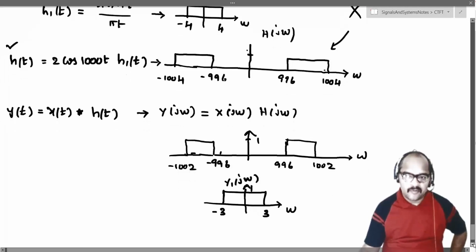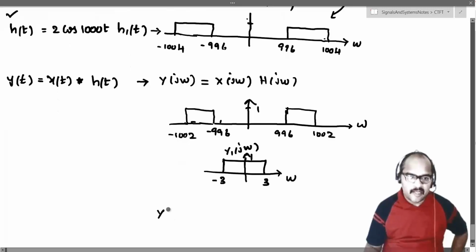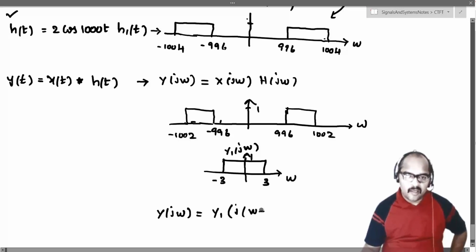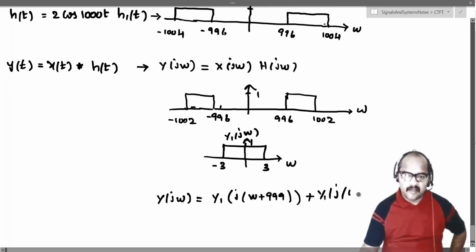So Y of j omega is equal to Y1 of j omega plus 999, plus Y1 of j omega minus 999. Shift this to the right by 999 units, you get this rectangle. Shift this to the left by 999 units, you get this rectangle. So the amplitude is 1, that we will see.